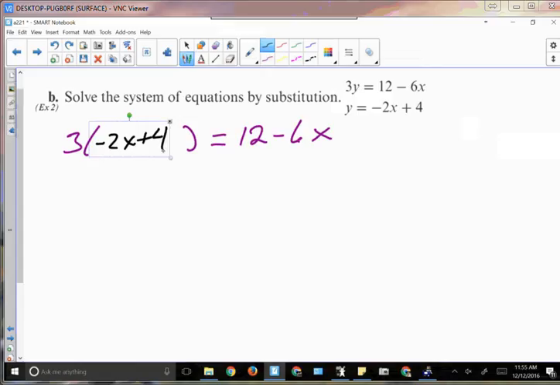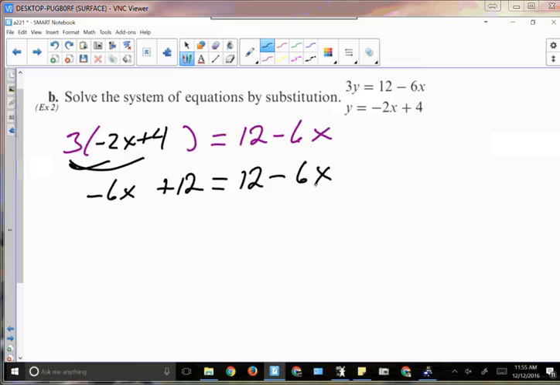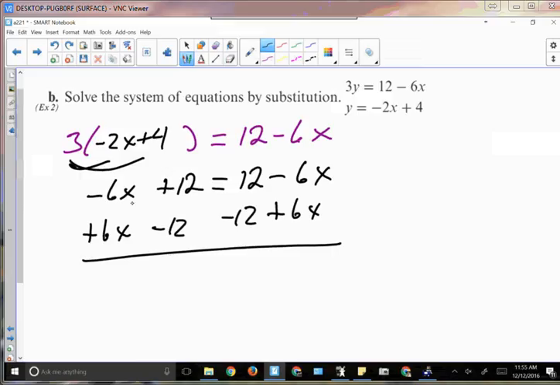Well, let's see, that gives us that negative 6x plus 12 is equal to 12 minus 6x. So if I keep going with this, if I add 6x here, add 6x here, subtract 12, I end up getting 0 is equal to 0.